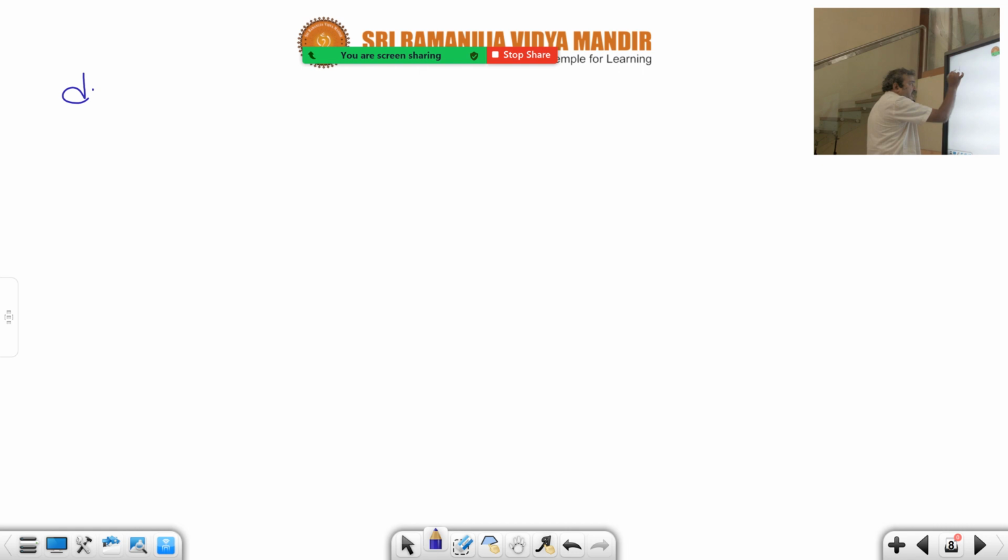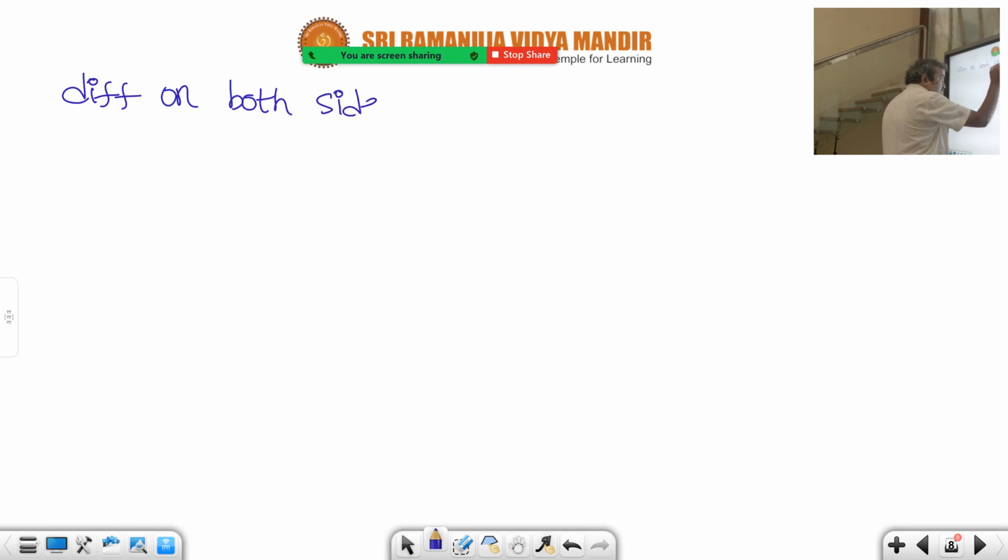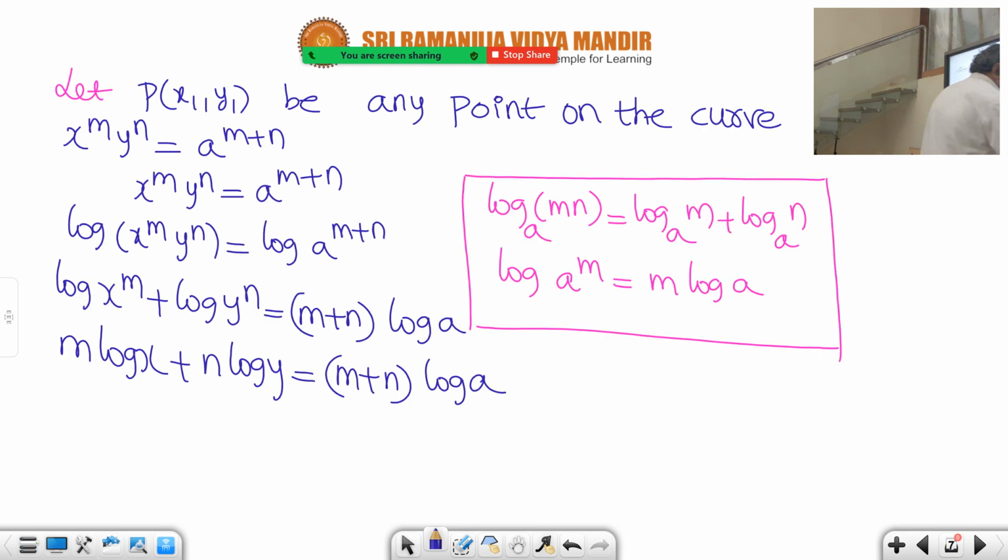Differentiating on both sides with respect to x, look here, m is constant. You all know that one. Log x derivative is 1 by x.